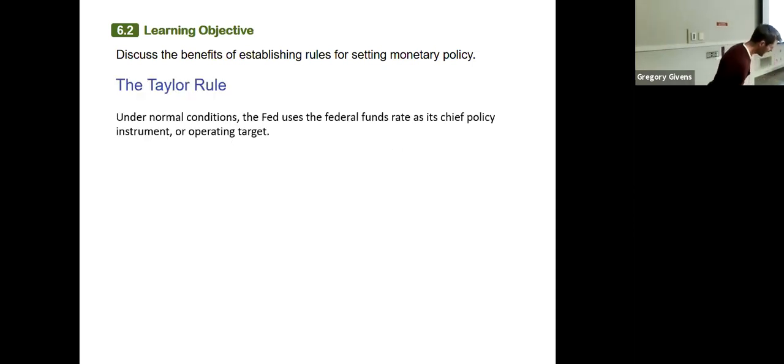Alrighty, let me move to the last topic now. So I think one thing about the Fed's operating procedure that has been very clear now for at least the past 25 years or so is that at least under normal circumstances, the Fed uses the federal funds rate target as its chief operating instrument, right? The Fed wants to change monetary policy.